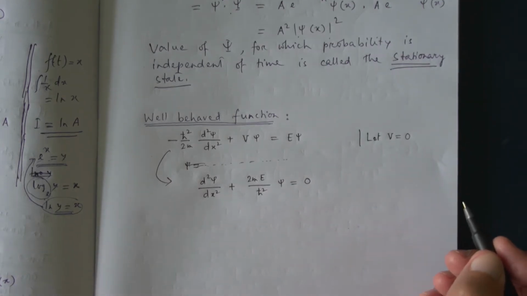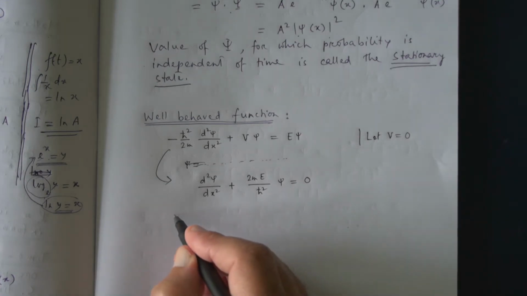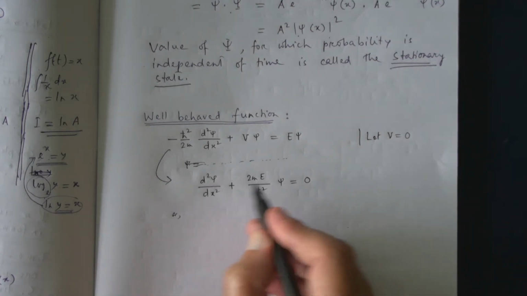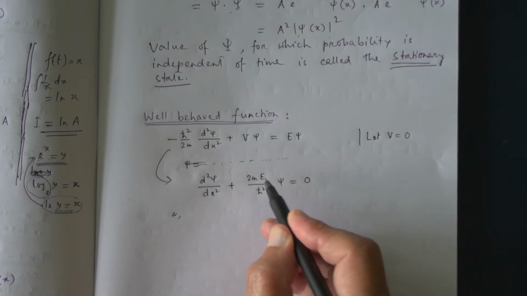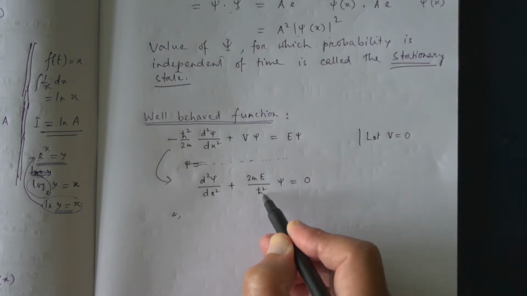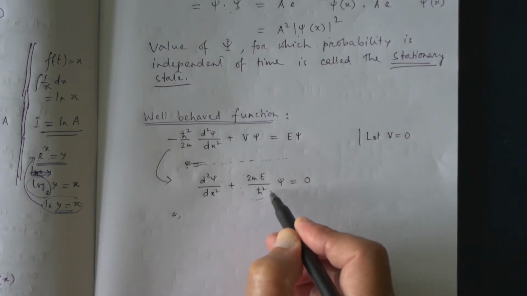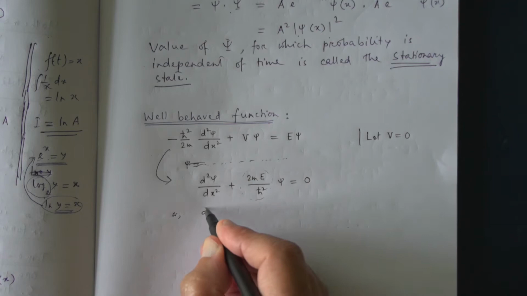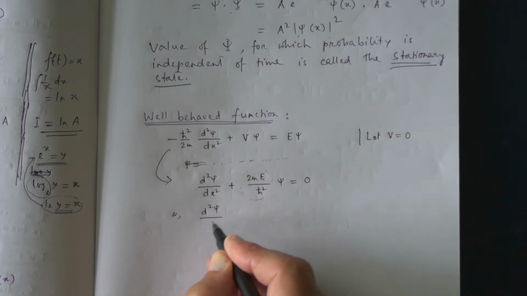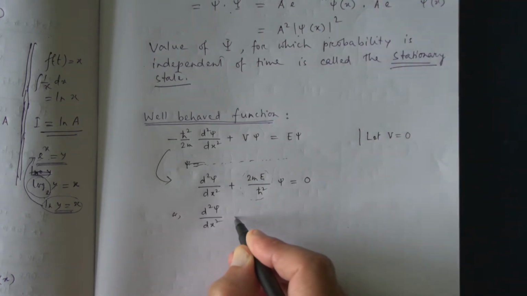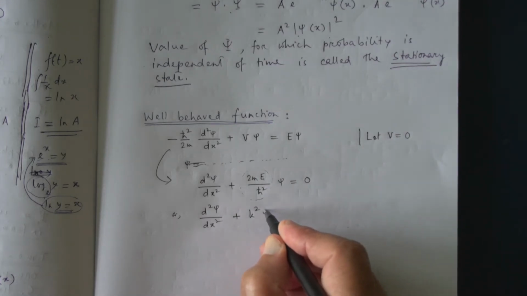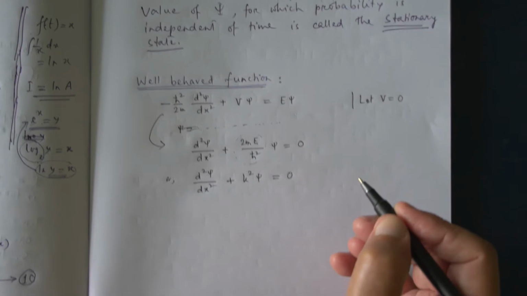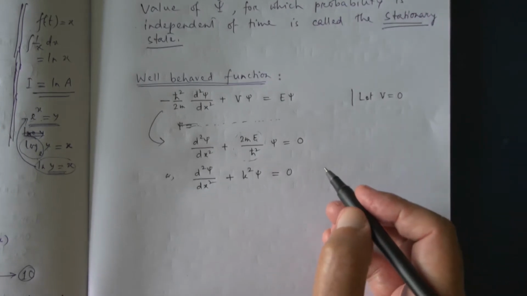Here m is constant, e is constant, h bar is constant, so this whole thing is constant. Let me write it as k square. So k square psi is 0.